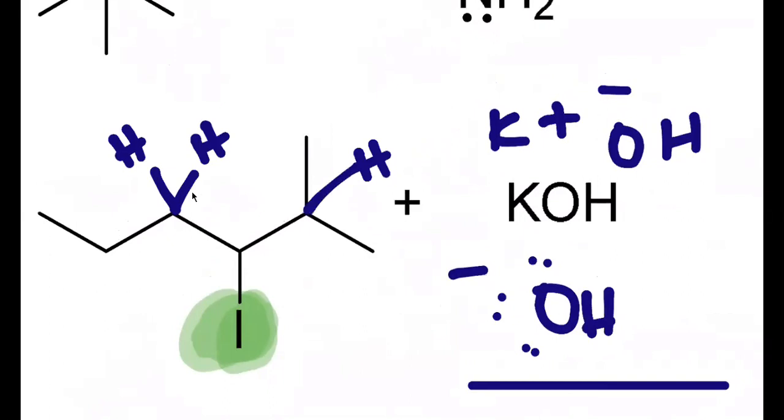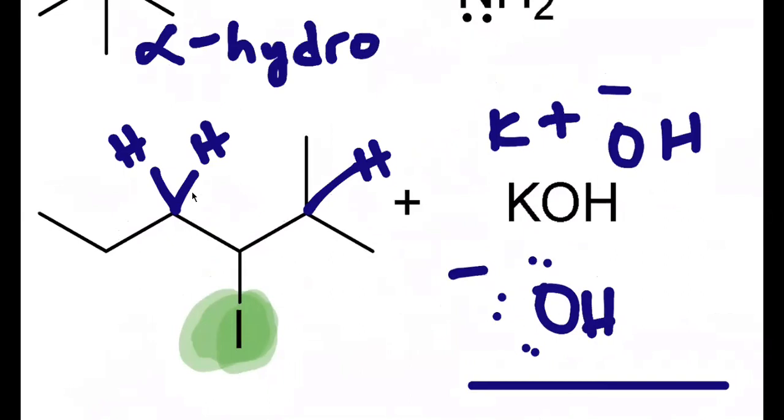Right, so those are the hydrogens, and we call them alpha hydrogens. They're adjacent to your leaving group. And when the elimination happens, those are the hydrogens that are going to do proton transfer with the base.